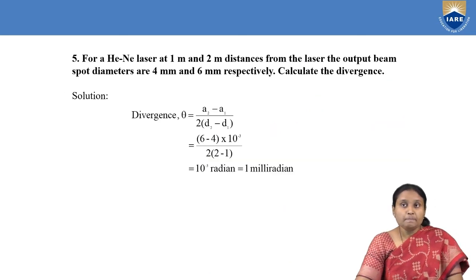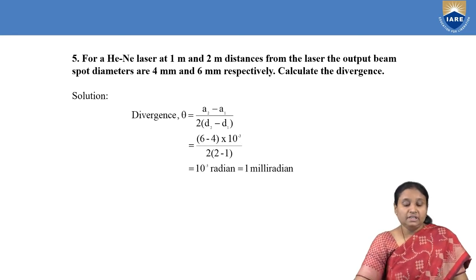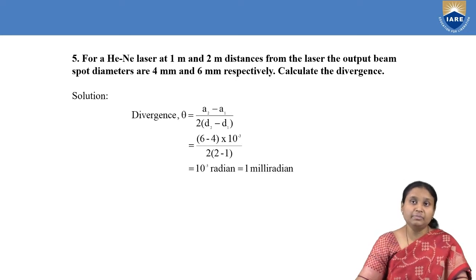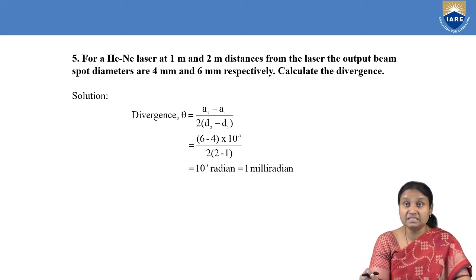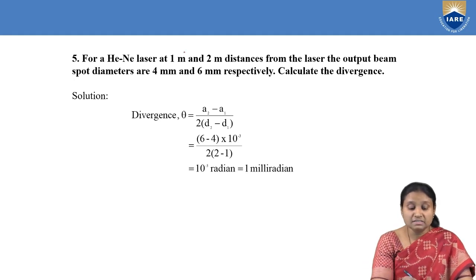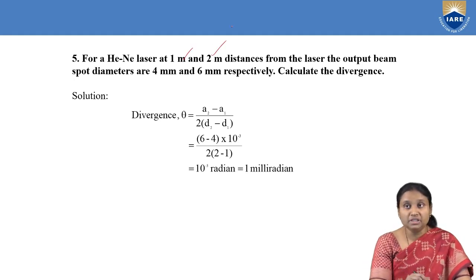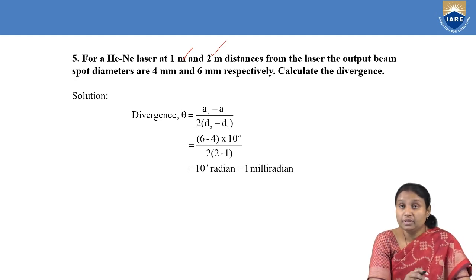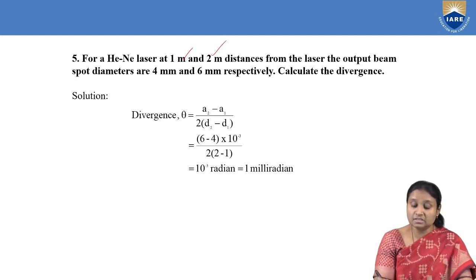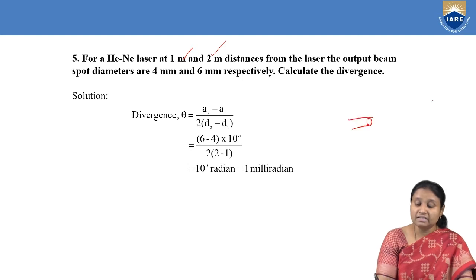Then going for the next problem, here we were given a helium neon laser, and this laser is kept at two different distances from the screen: 1 meter and 2 meters. Suppose that this is my laser and this is our screen.